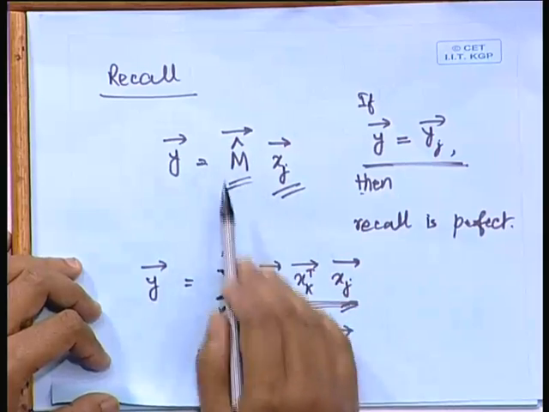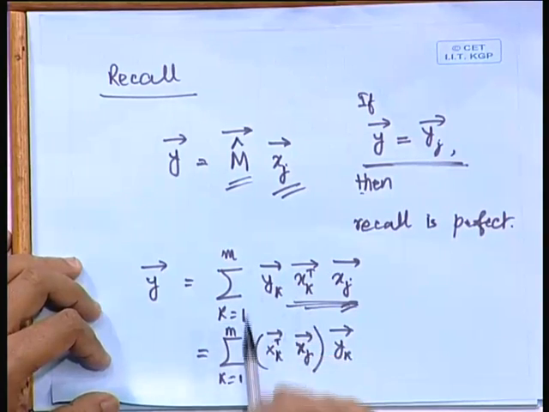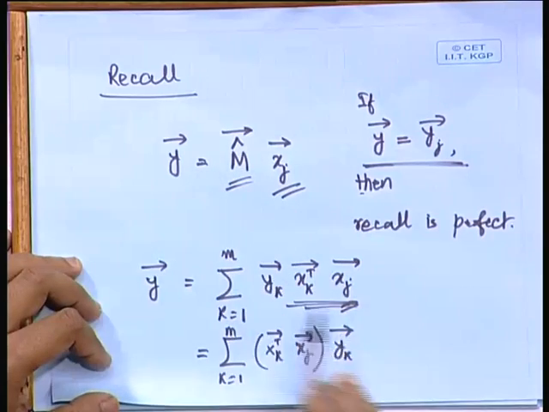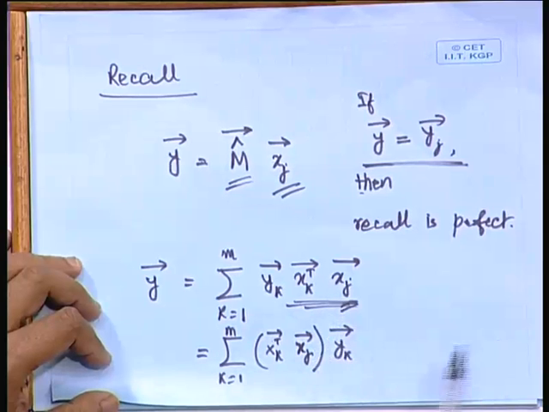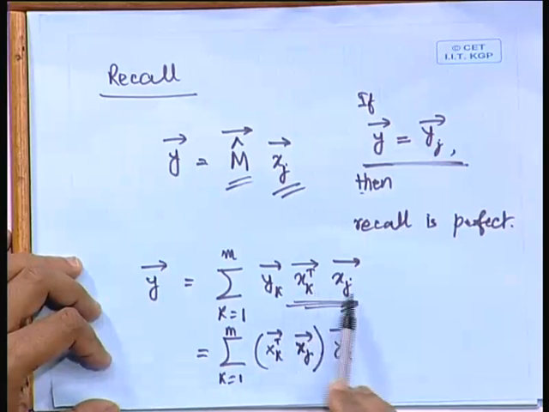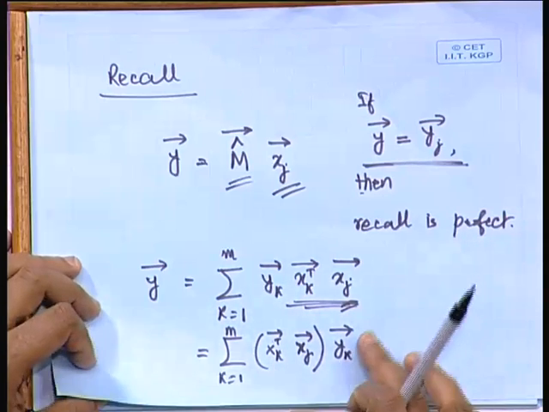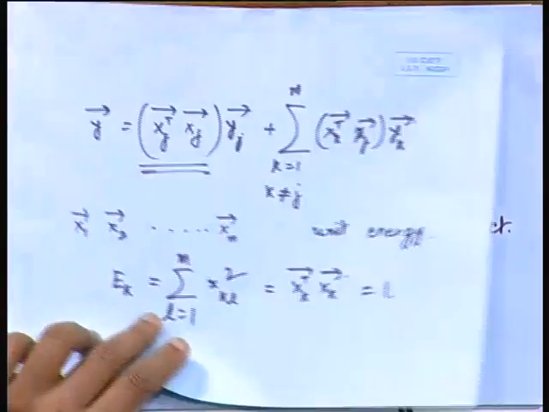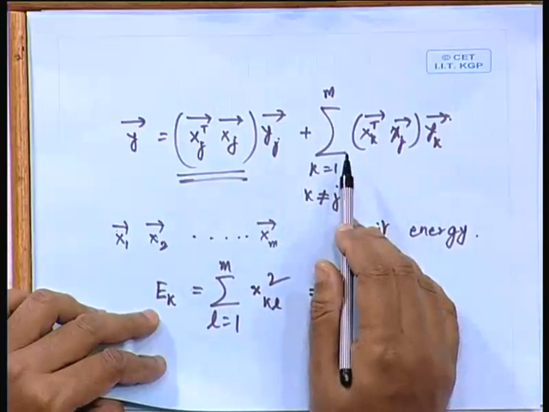Okay. Now, what we are expecting out of this is that Y is equal to Yj vector, and let us see what we obtained in the process. So, what we did was just to apply the definition of this M cap matrix, the way we defined it as the outer product. So, by replacing this with the outer product of the vectors Yk and Xk transpose, and then we just associated this Xk transpose with Xj, and this is what we had got as the summation of Xk transpose Xj times Yk, and this was from k is equal to 1 to m, which we had split up into the j term and the summation of all the non j term.